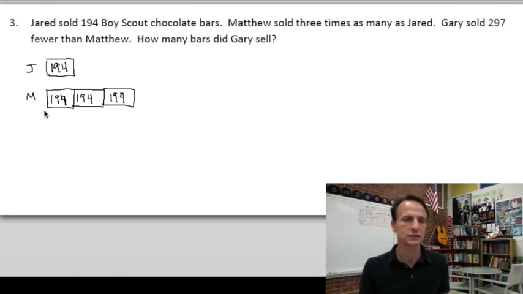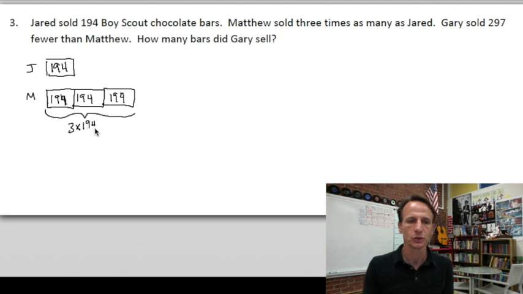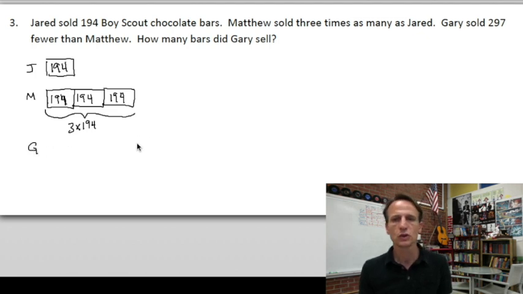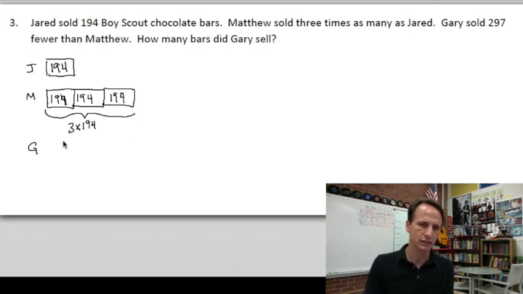Let's go ahead and take a moment, because it'll save us time down the line. We know for Matthew that the total for him will be 3 times 194.